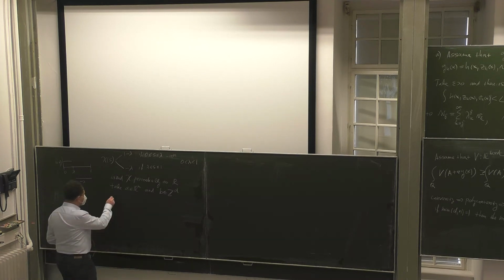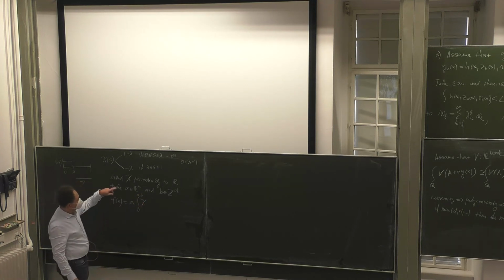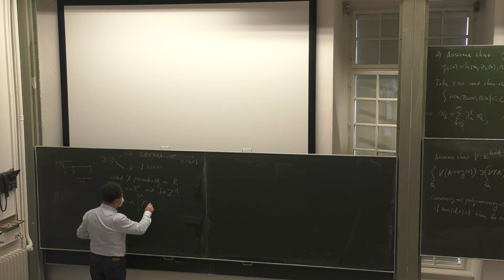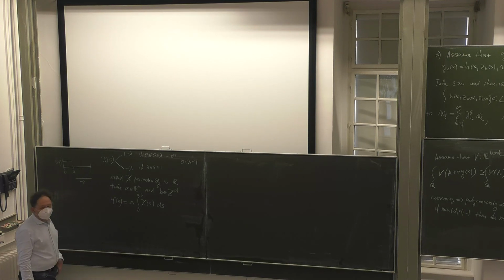And I construct my phi of x to be A times the integral from 0 to x dot b of this function chi.